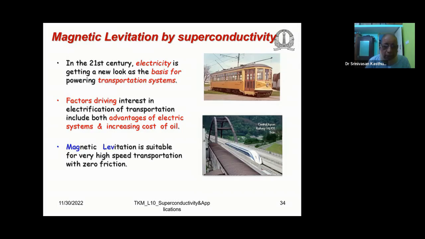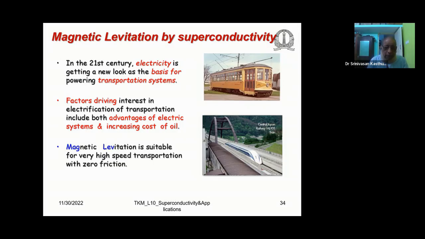We already see, for example, many electric vehicles on the road, such as electric cars or electric two-wheelers, which are now being used by many people. The reasons for using these are, first of all, to prevent pollution, and also factors like the advantages of electric systems and the increasing cost of oil.